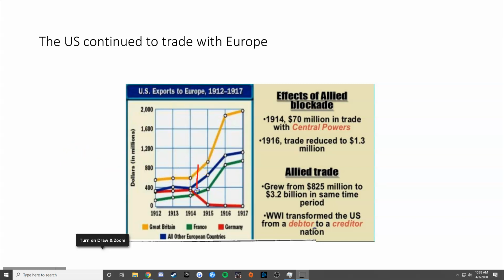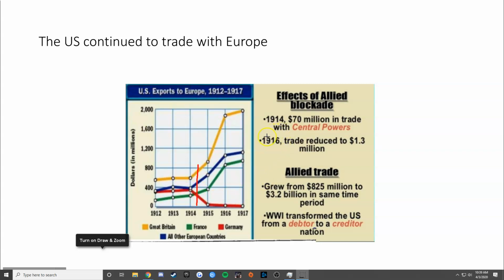You're seeing this dramatic drop-off of German trade, all right? And we're going to discuss that. So what happens is the Allies, Britain and France, continue to get American trade, while the Germans get less and less and almost negligible at the end. So what happens in this period of time to change all that? And we have to talk about it, all right?